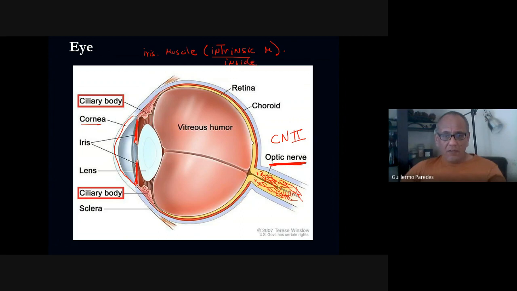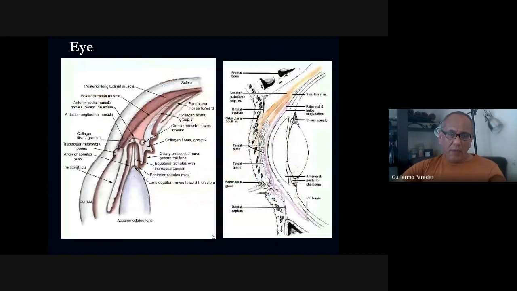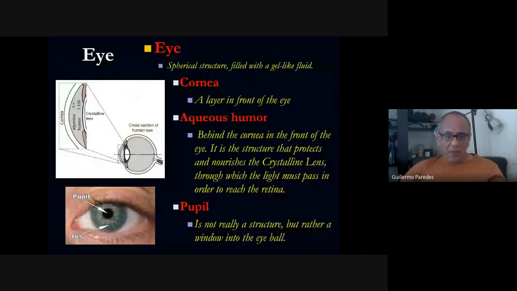So this is an intrinsic muscle. The iris has the ability to contract or relax. Here, this black area is the pupil. This pupil is just a space. There is no structure there. So this space is where the light is going to come into your eye.